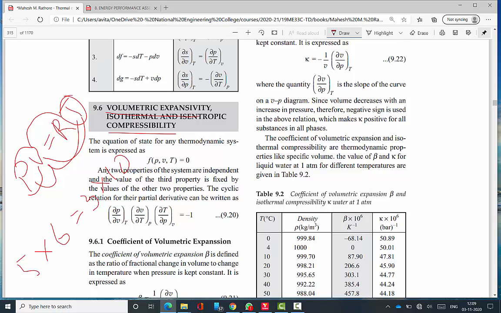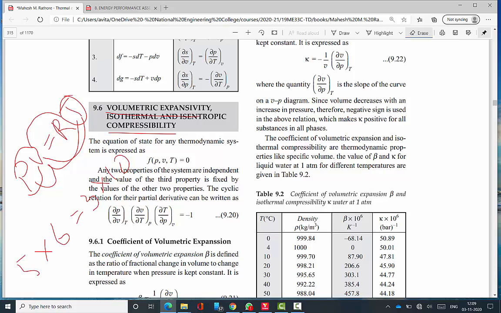Consider this. Then 5 is equal to 3 into 10 by 6, which means 5 is a function of 3, 10 and 6. Similarly, I told you pressure is a function of T and V, in a similar structure.